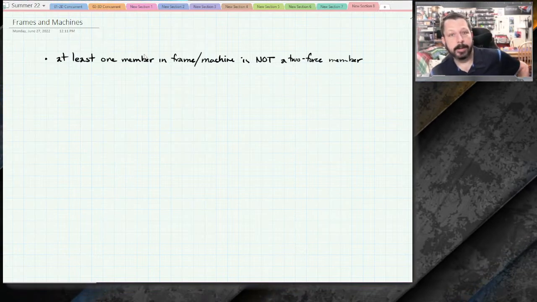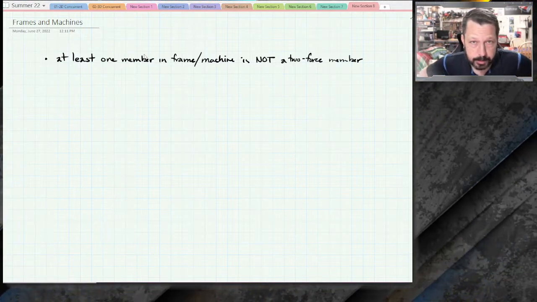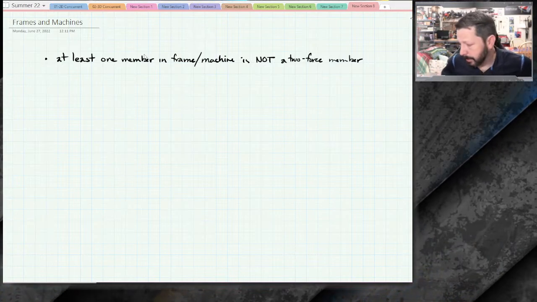There could be none that are two-force members, but at least one is not a two-force member.